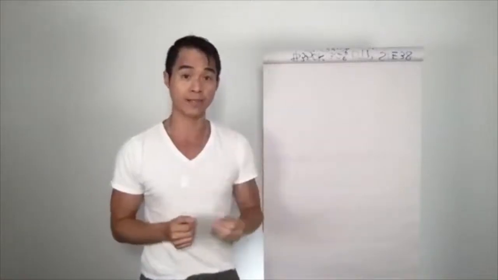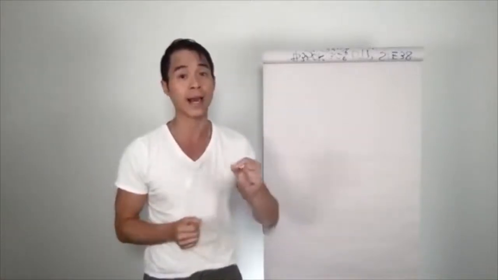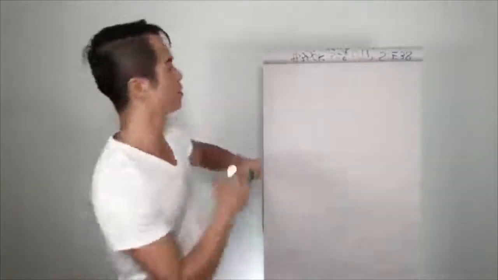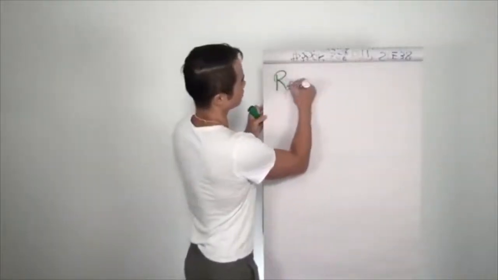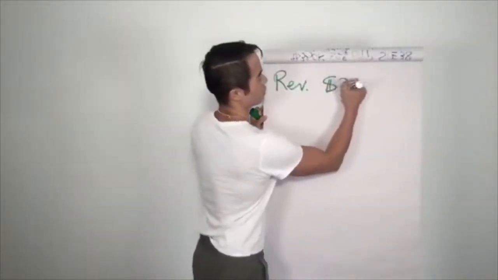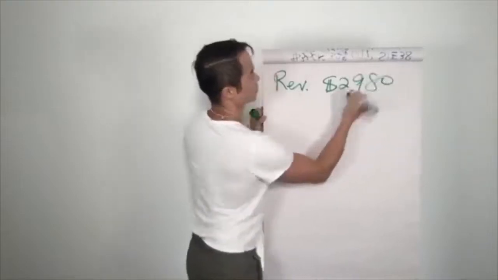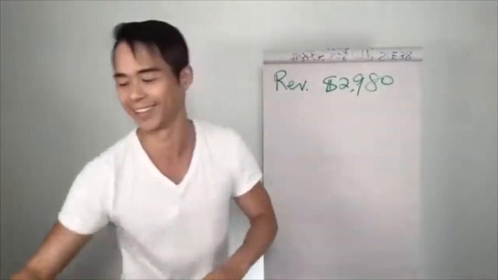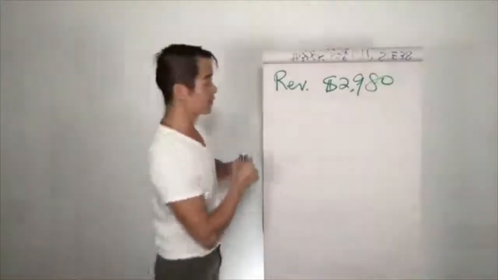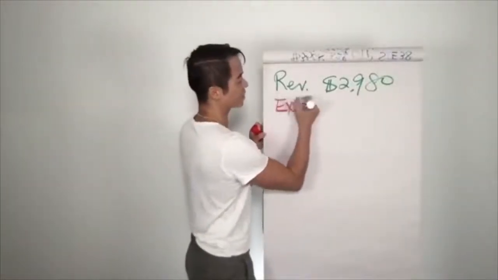So from a property sense, this is exactly the cash flow we're talking about. So if the revenue here is $2,980, I think that's what it was, let's figure out the expenses to make sure that it actually cash flows, okay?